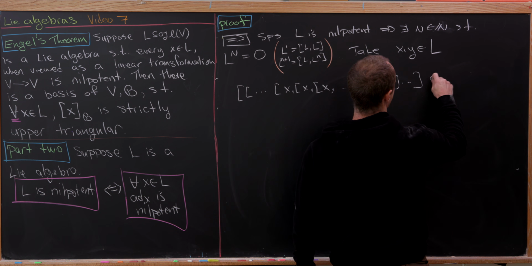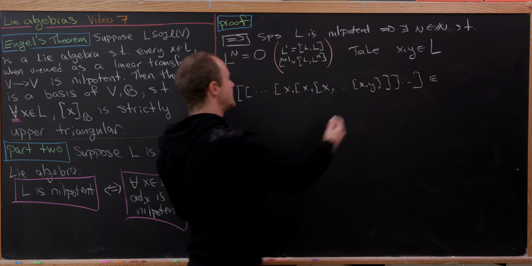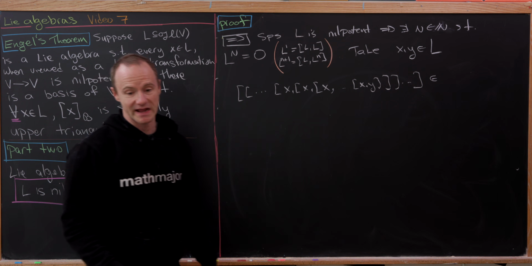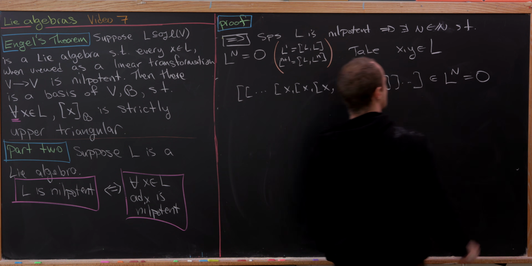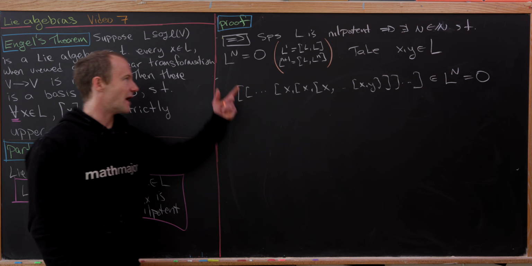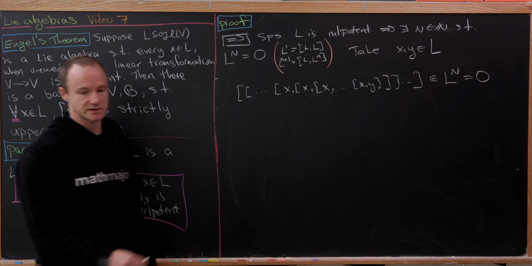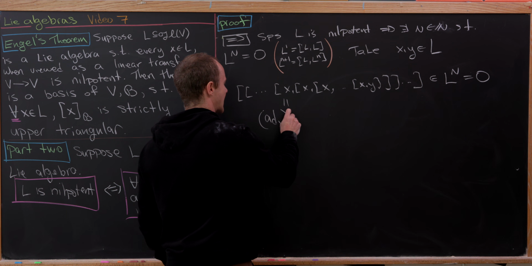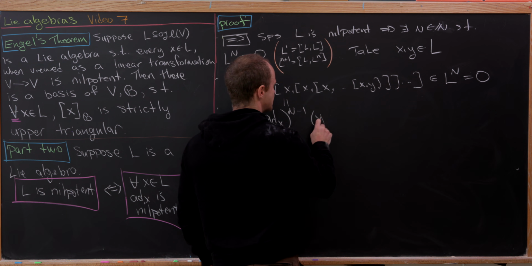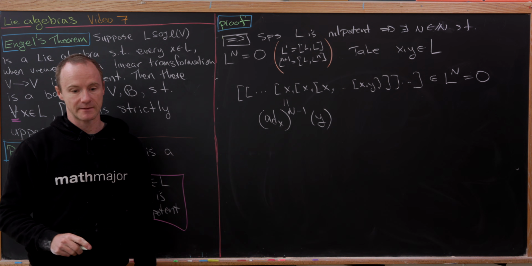Then this comes all the way out. Notice that if we choose the appropriate number of brackets here, this will be inside of L^N. But L^N was 0 by the fact that L was nilpotent. But let's also notice that this is the adjoint map of x applied n minus 1 times to y.